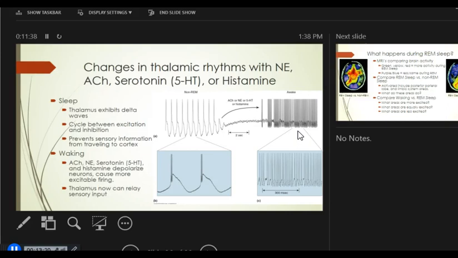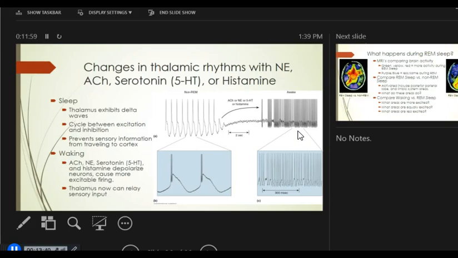If you think about what the thalamus does, we said it was the gateway to the cerebral cortex. Any sensory information coming in from your sensory systems, be it vision or touch or sound, whatever it happens to be, gets routed to the thalamus, and the thalamus in turn relays that information up to the cerebral cortex.